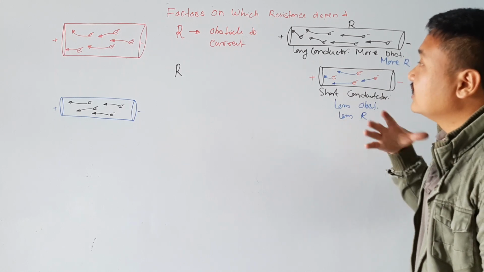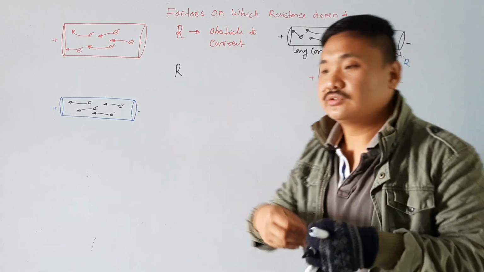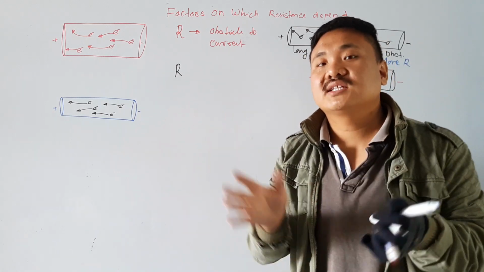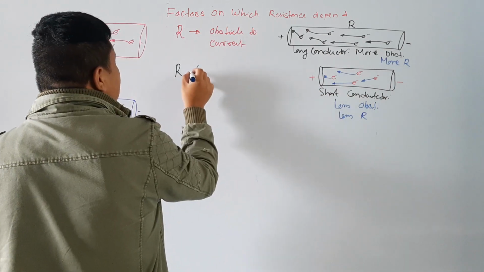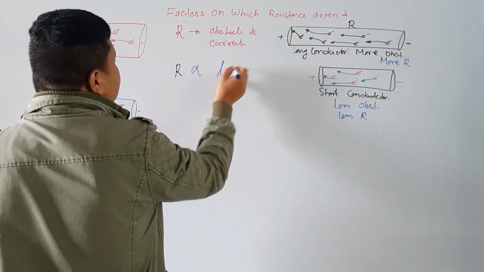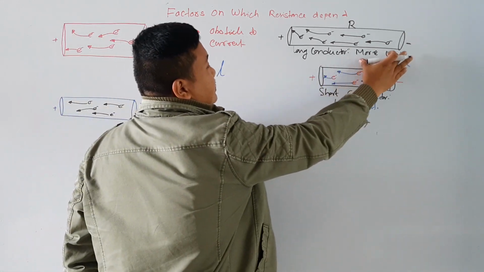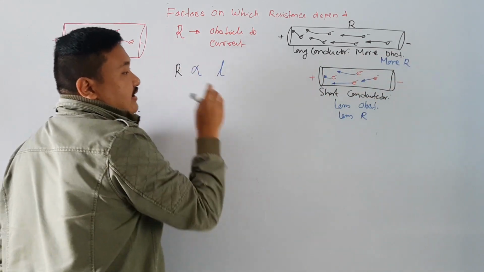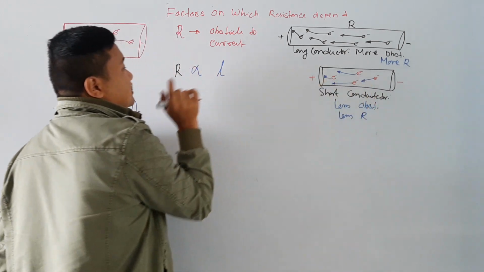These are directly proportional. अगर long हुआ तो large हो जाएगी, short हुआ तो कम हो जाएगी. So resistance is directly proportional to the length of the conductor. If length increases, obstacle increases, resistance increases. If length decreases, obstacle decreases, resistance decreases.